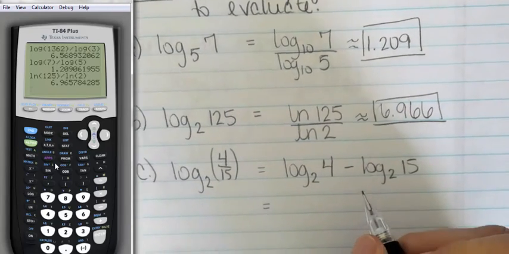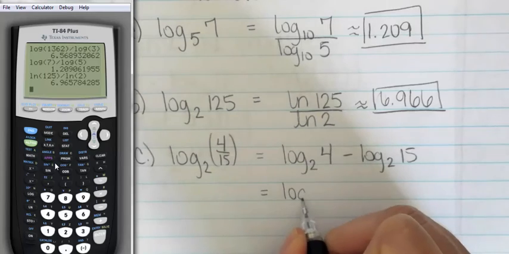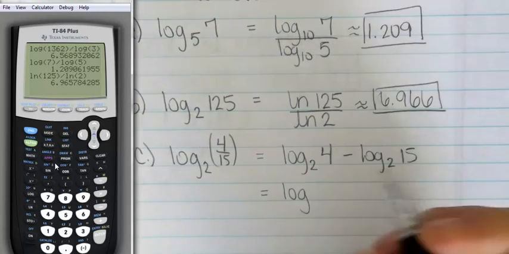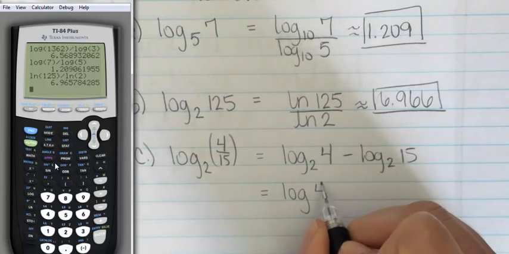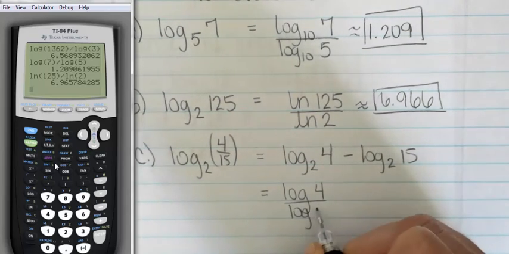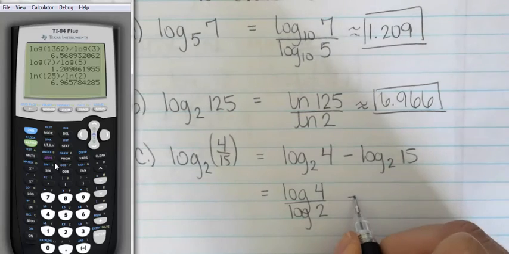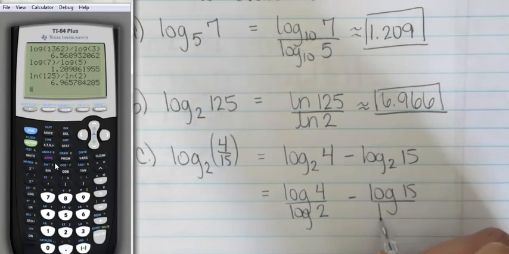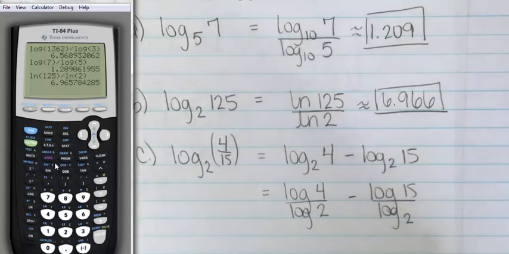Okay, so I'm going to do log, and I'll do base 10. I don't need to write base 10, okay? I'm not going to write it. Of the input over the log of the base. Okay, and from there I'm going to minus log of the input over log of the base. Okay, so this is one way of doing it.